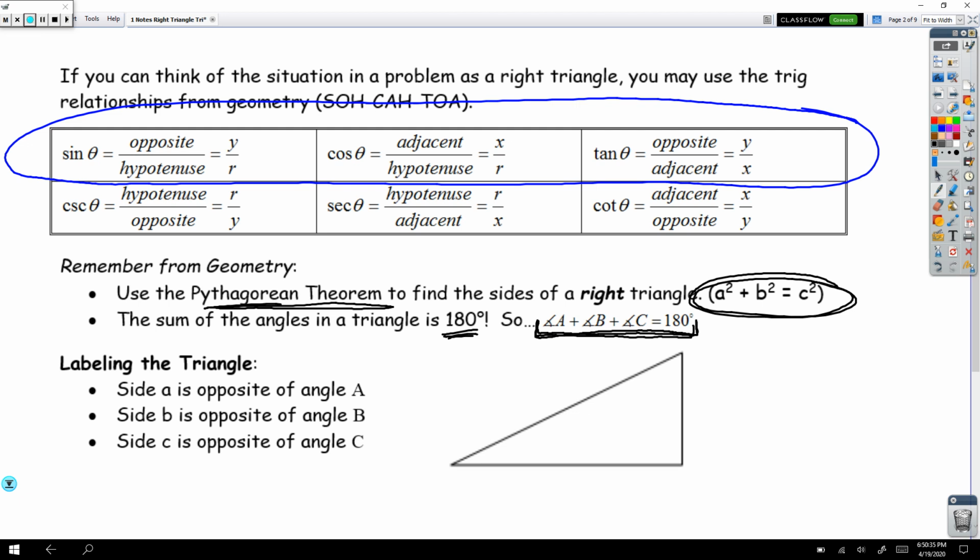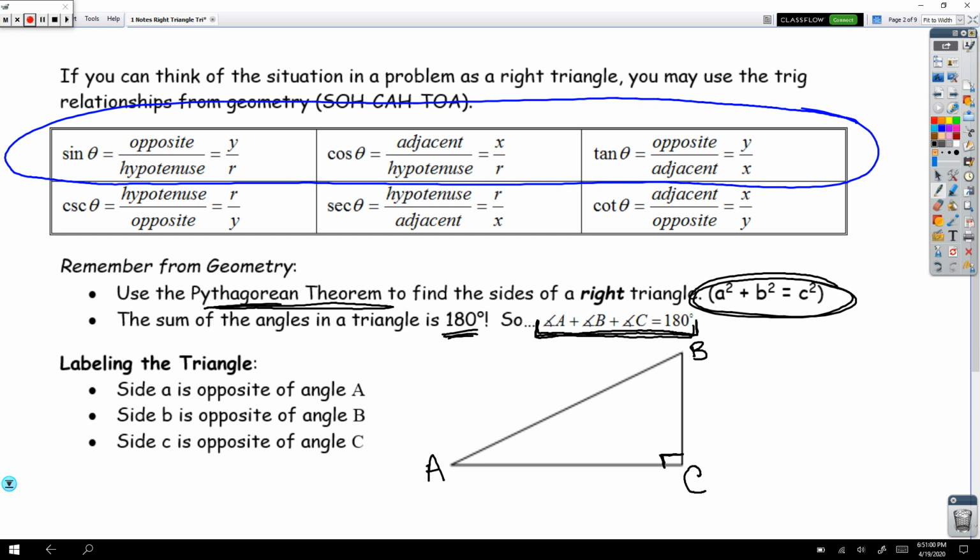So starting off, we all need to label our triangles the same. When we have a right triangle here, so there's my right angle, we're going to start with angle A, and then we're going to have B up here, and then angle C will be that right angle. Now the sides correspond to the opposite of the angle.